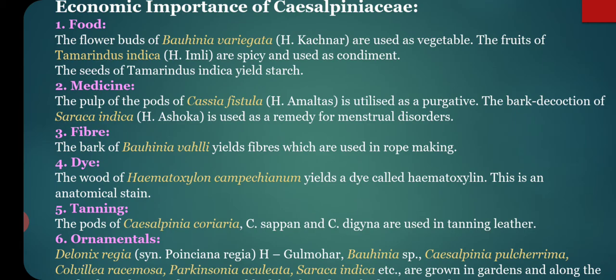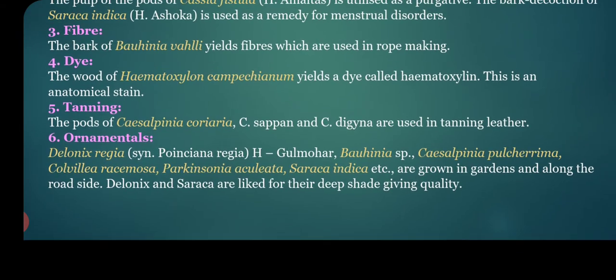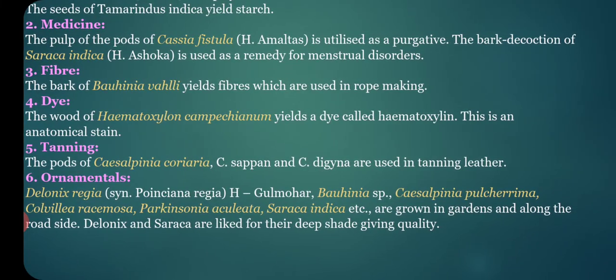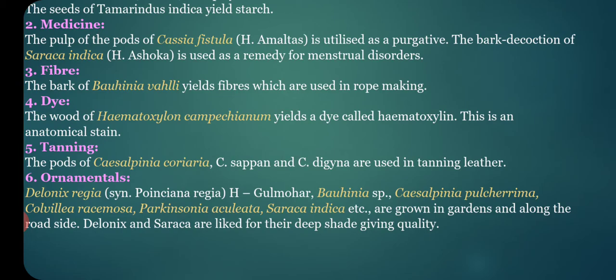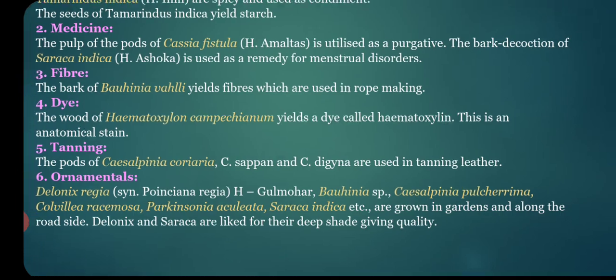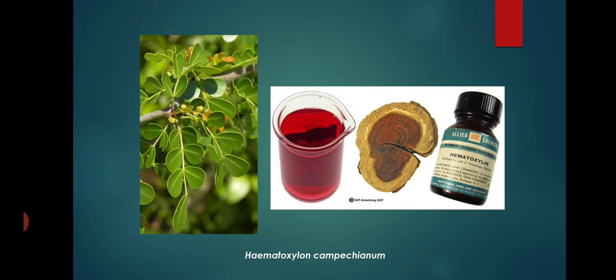Then Caesalpinia pulcherrima, that is Rajamalli. So many such species are there. Saraca indica, these are the common plants of our area, roadside plants. Delonix and Saraca are liked for their deep shade giving quality also. These are the economic importance.